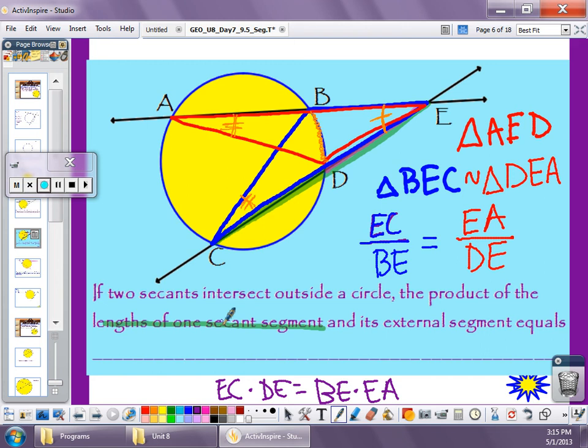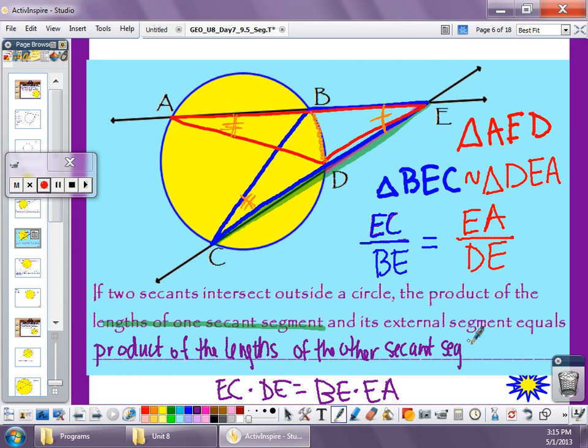So realistically, it would say that the product of the length of one secant segment and its external segment is the product of the length of the other secant segment and its external segment. Here's what I'm going to tell you. Bottom line is this, okay?